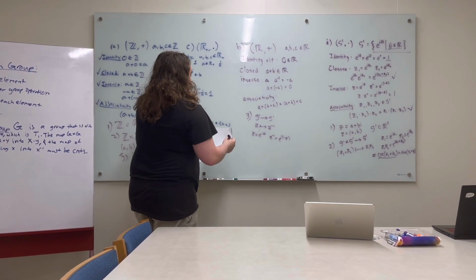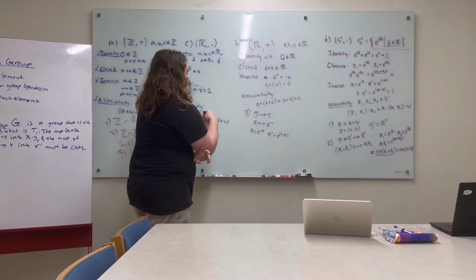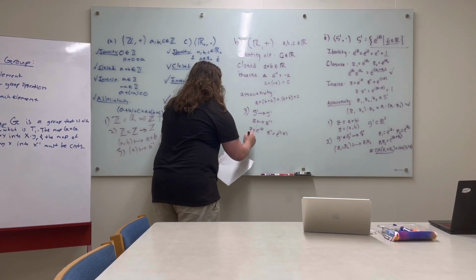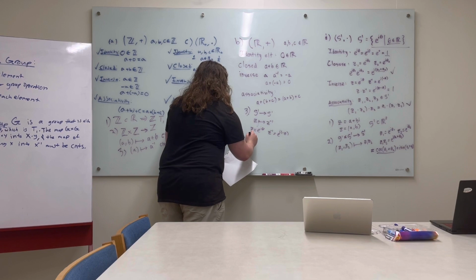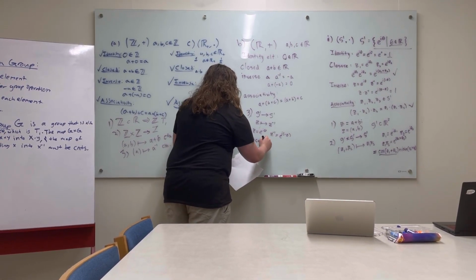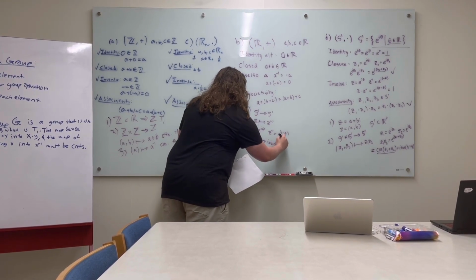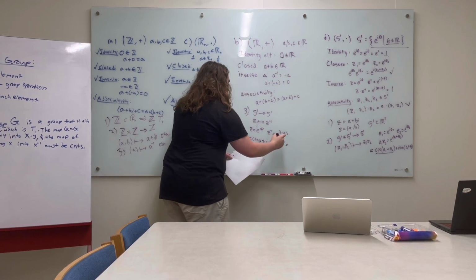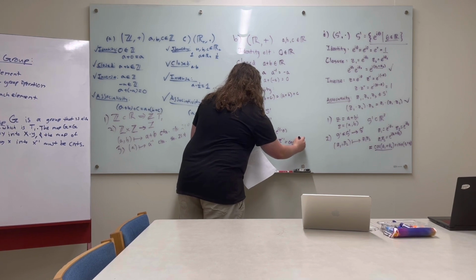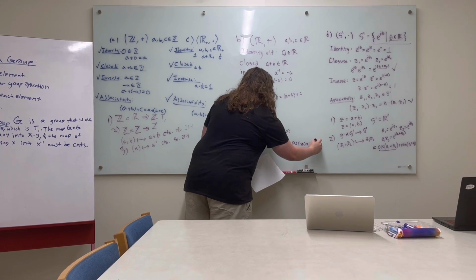Once again, we can use the same trick as before. So simply letting Z equal cosine theta plus i sine theta and Z to the negative 1 equaling cosine of negative theta plus i sine of negative theta.